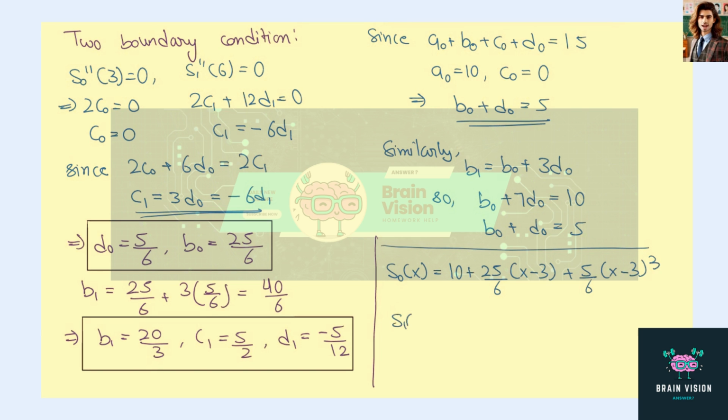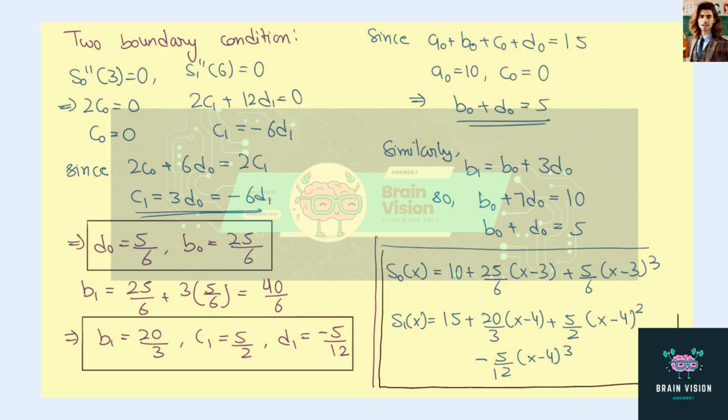And similarly, S1(x) will be given by 15 + (20/3)(x − 4) + (5/2)(x − 4)² − (5/12)(x − 4)³. So these are the natural splines for the given values of x and y, and this is the answer to the problem.